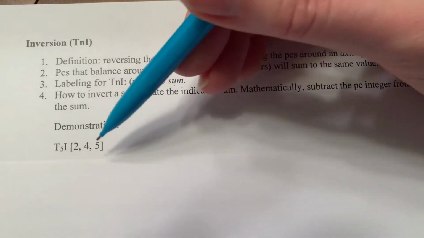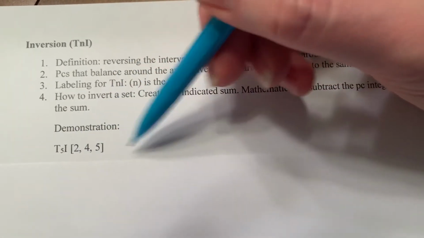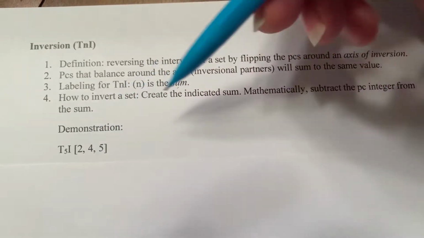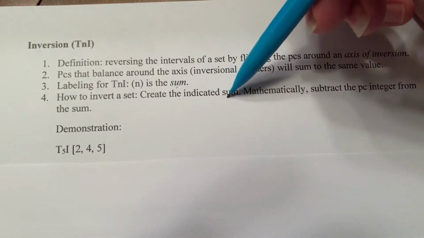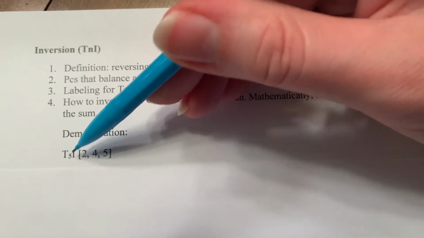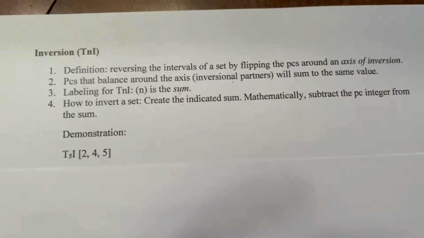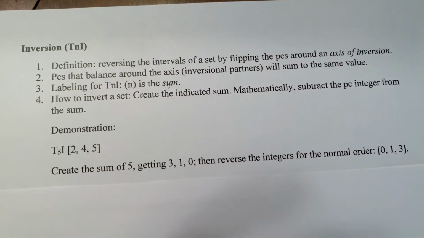T5I of 2, 4, 5. To get that answer, I'm going to create the sum of 5. So I'm going to find the other number that would sum and create 5. Therefore, 2, I have it over here.